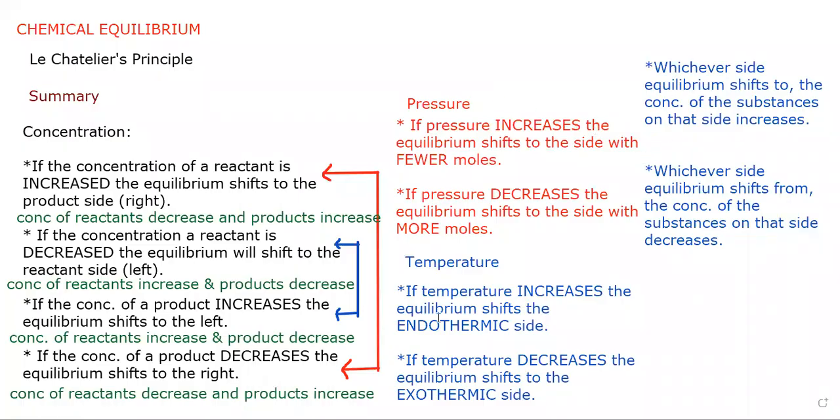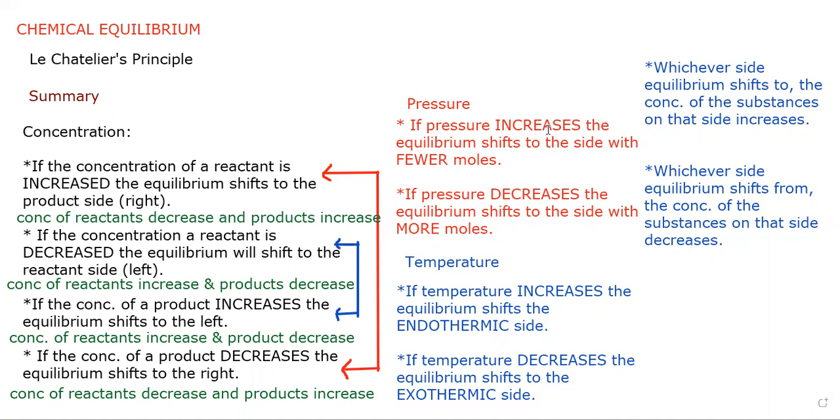All right, so this is just a summary of what we did. For concentration, you have the summary there. These two arrows show you what happens when equilibrium shifts to the right, and these two show what happens when equilibrium shifts to the left.